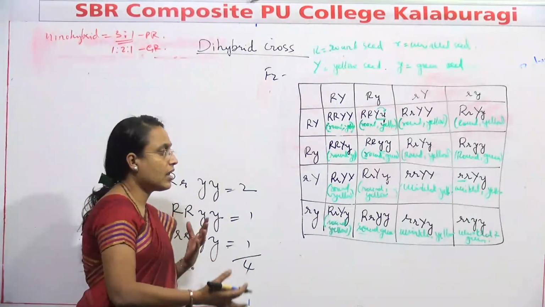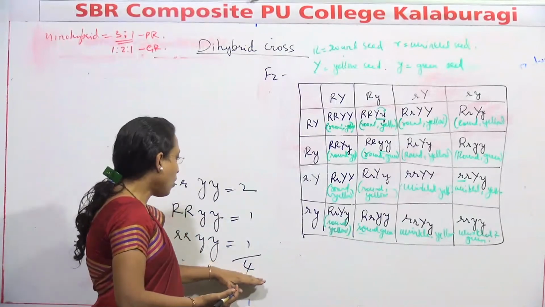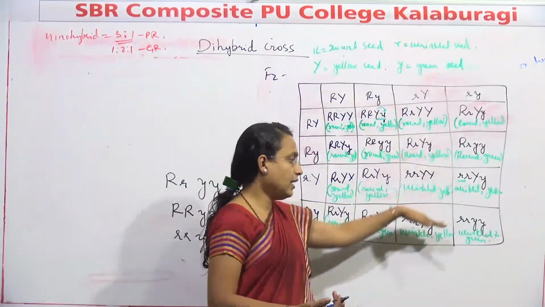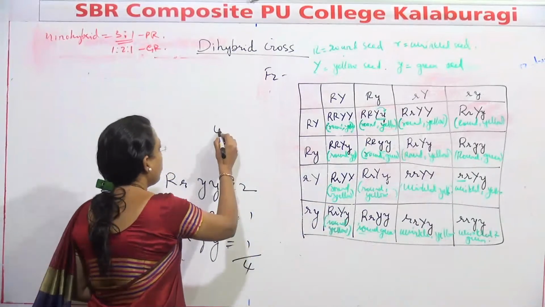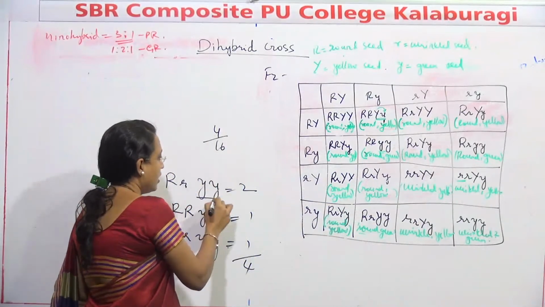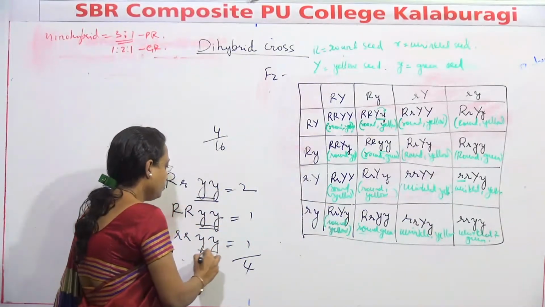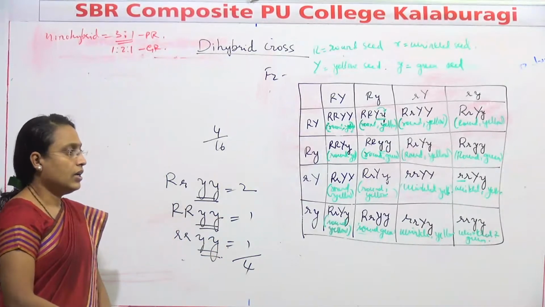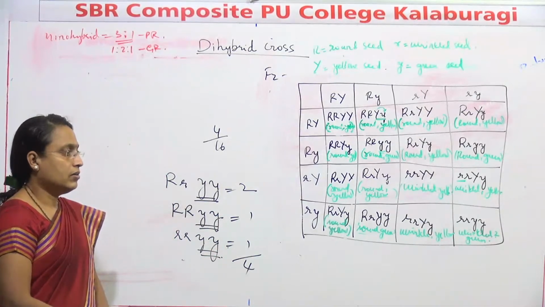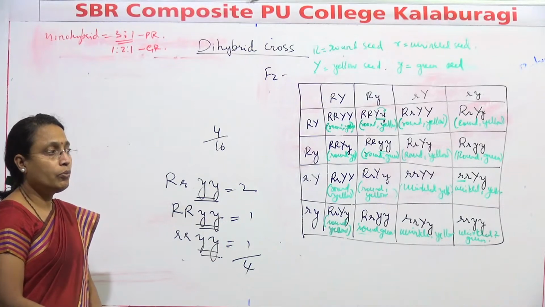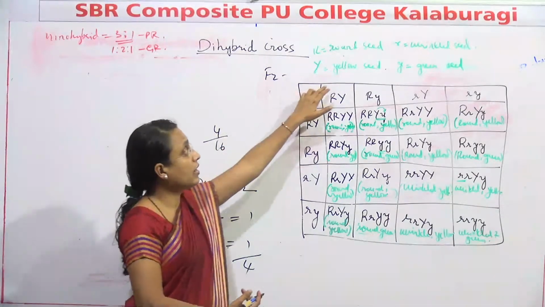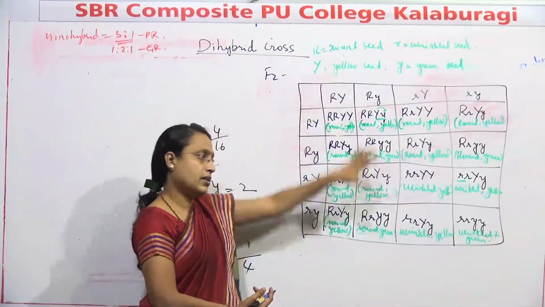Suppose the question asks about proportions, then out of 16, 4 are in a state of recessive for both the alleles relevant to the seed color.